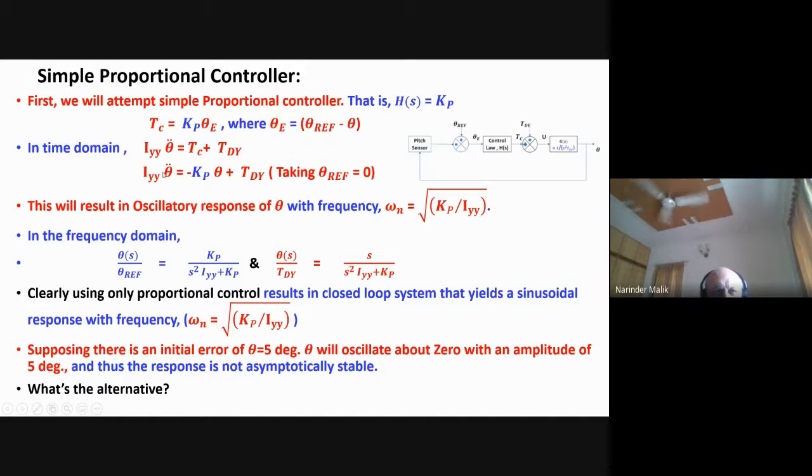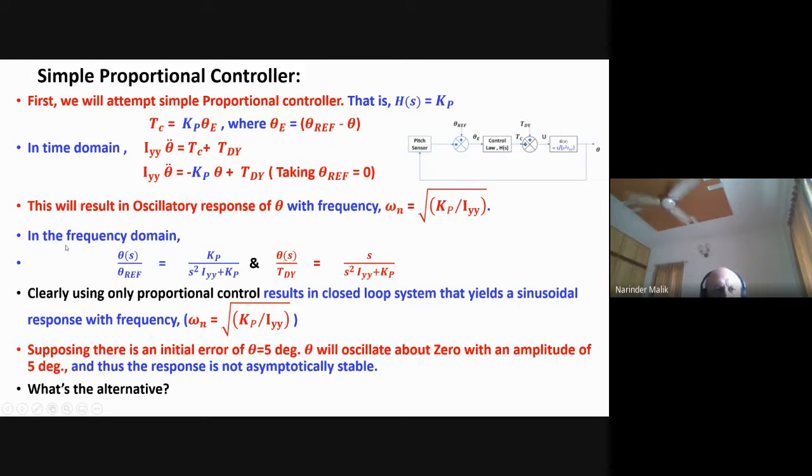So Iy theta double dot plus Kp theta is nothing but the equation of a simple harmonic oscillator. This will result in an oscillatory response with frequency given by omega n equal to the square root of Kp divided by Iy.